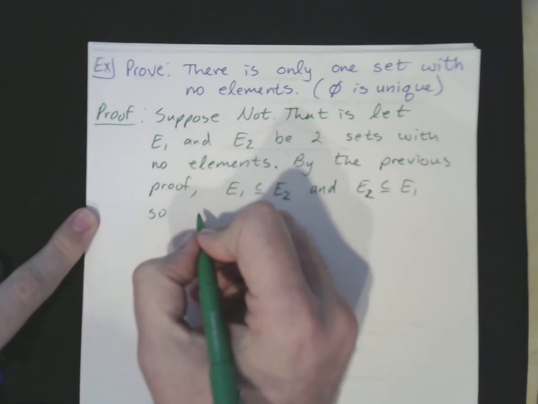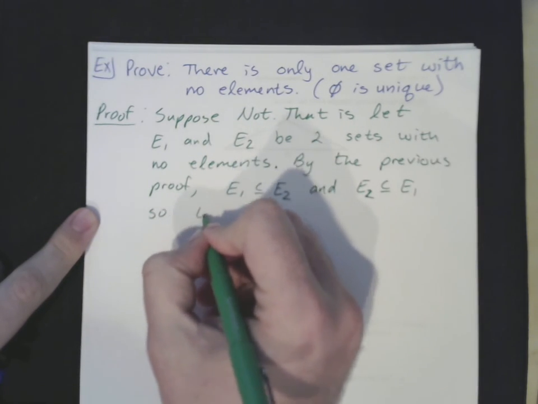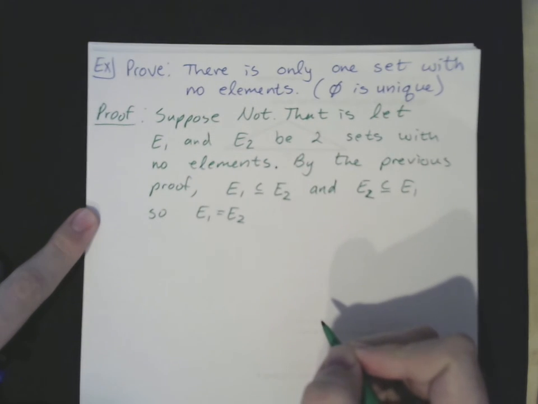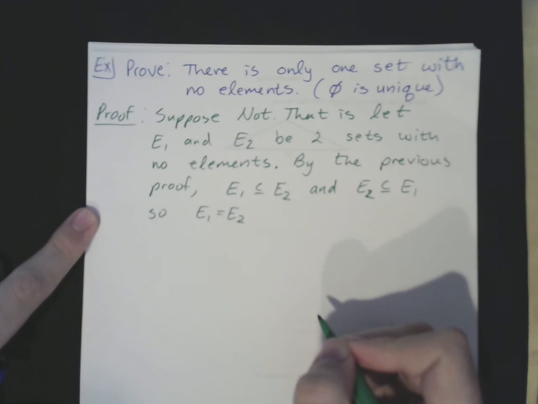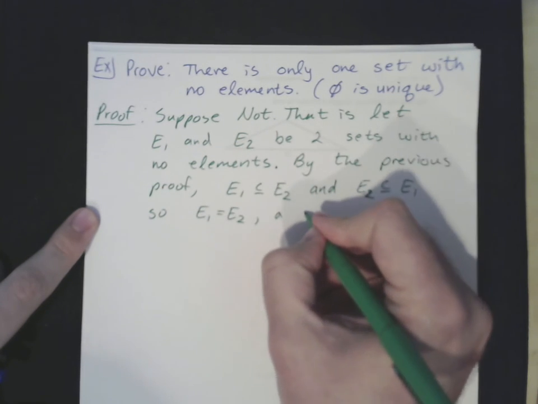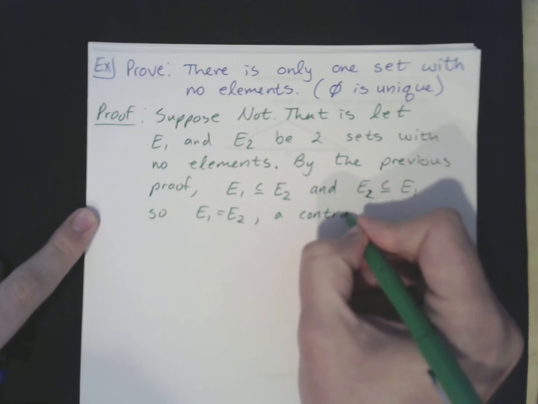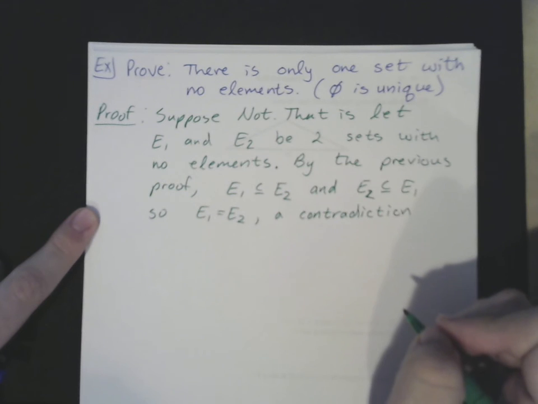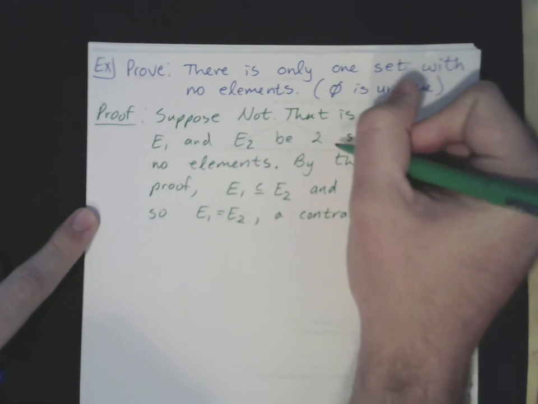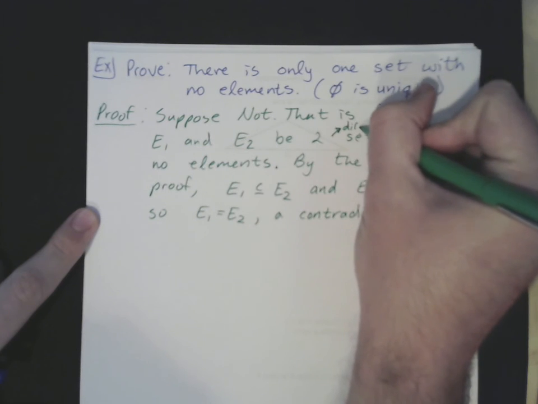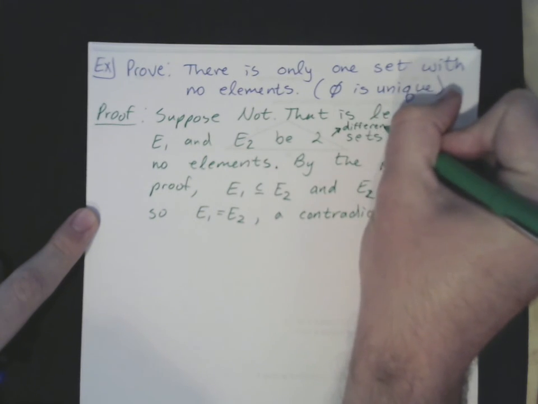So, E1 equals E2. And that's our proof, because this is a contradiction. So I guess if we want to be perfect here, we should have different sets.